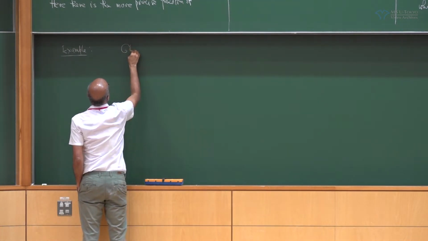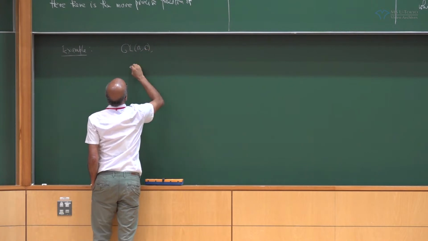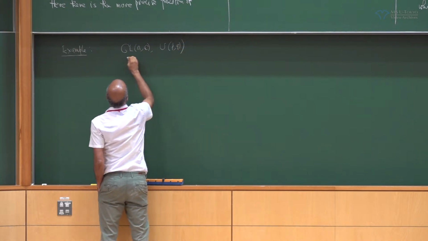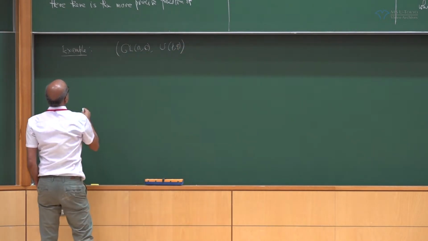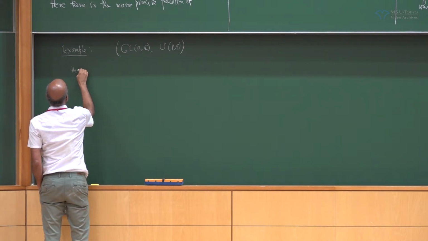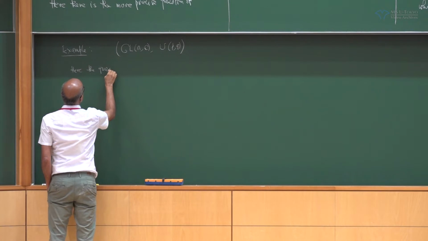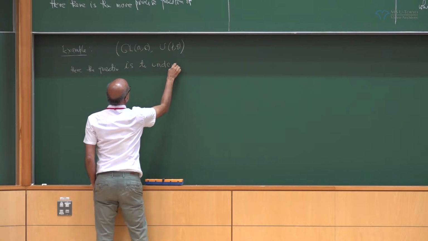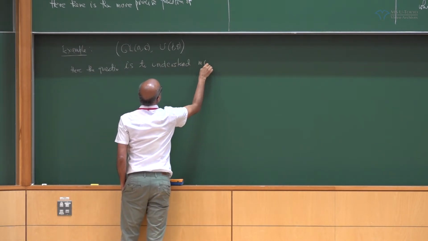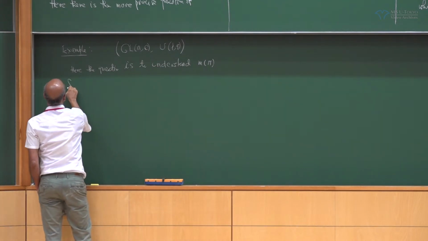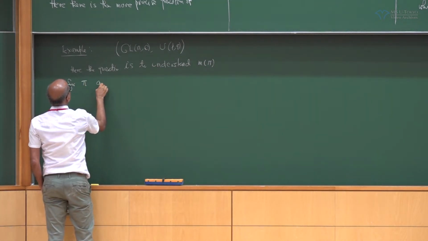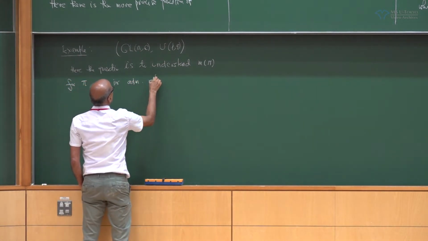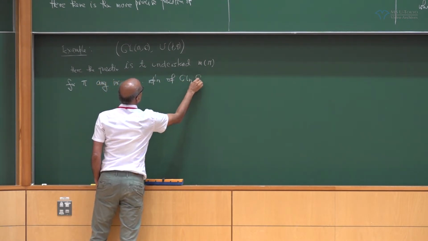Here we will look at GLN(C) and subgroup U(P,Q), and the question is to understand these multiplicities M pi for pi any irreducible admissible representation of GLN(C).